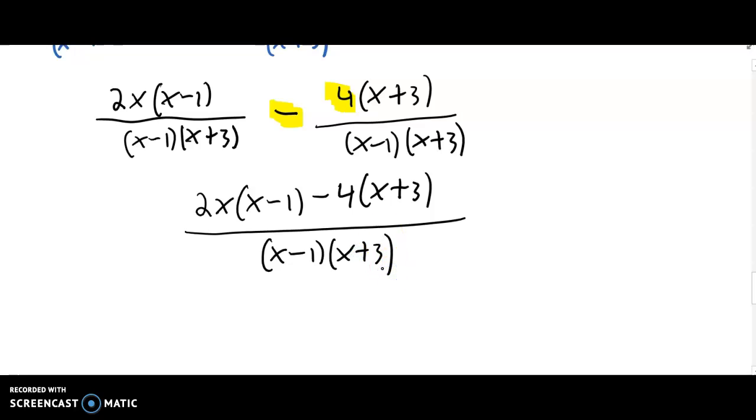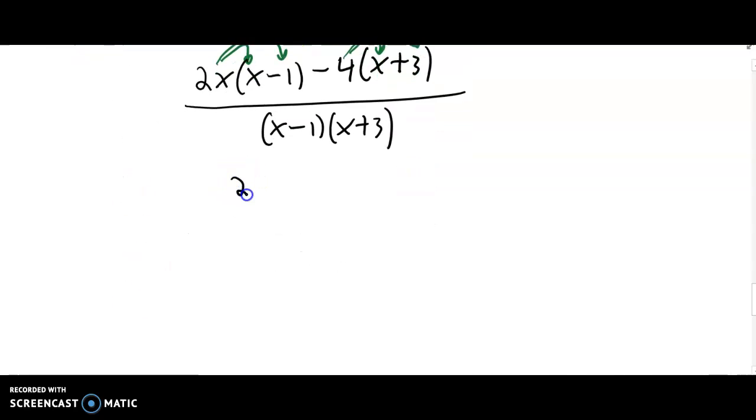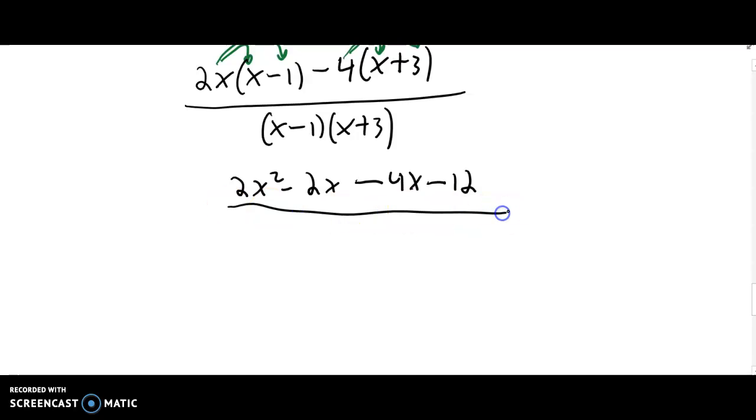Okay, I'm going to distribute both of these. We got 2x squared minus 2x minus 4x minus 12. Paying close attention to our negative there, and our denominator has not changed.